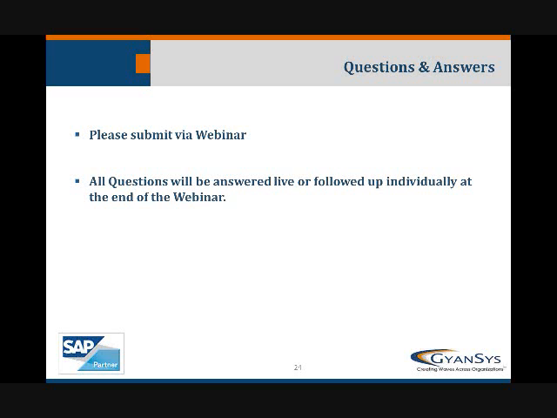Okay, so there are two parts to this question. One is how the auditor gets comfort with the access control or the process control reporting. Yes, there are security related reports. There are audit related reports.